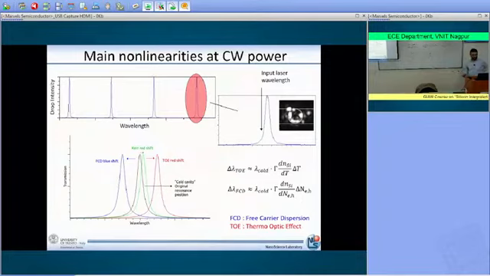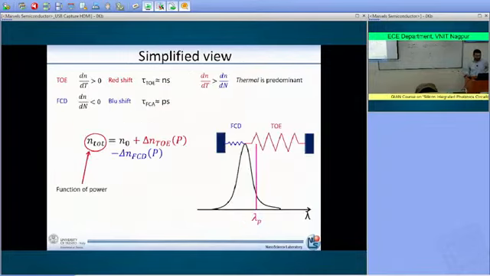So we have two effects that are pushing and pulling our resonance. One is pushing the resonance to the blue, this is the free carrier dispersion. And the other one is pulling the resonance to the red, and this is the thermo-optic effect.